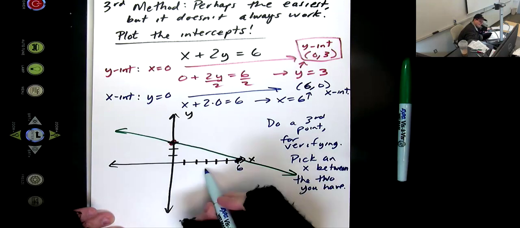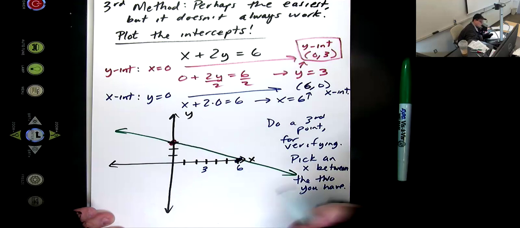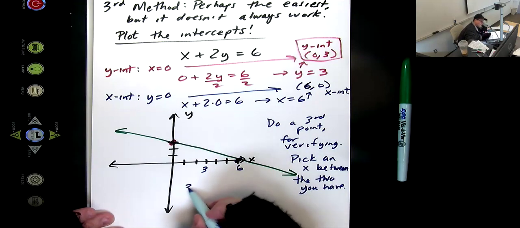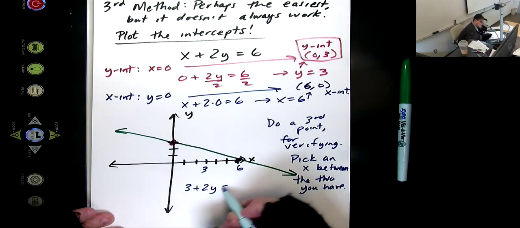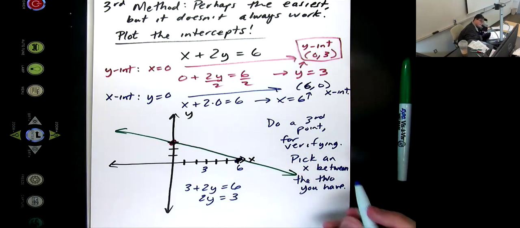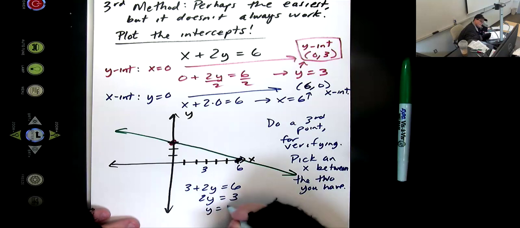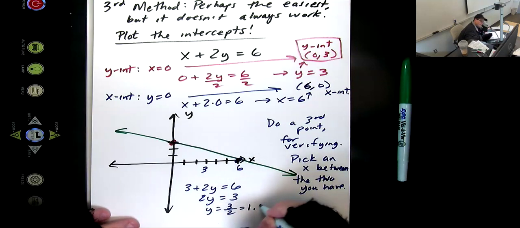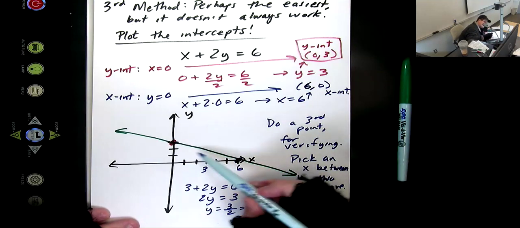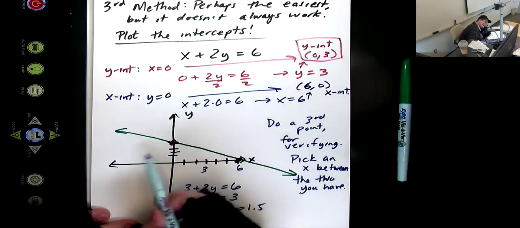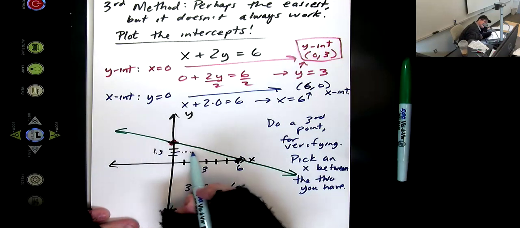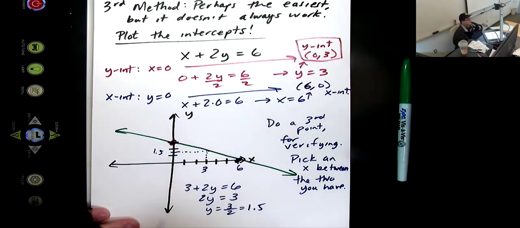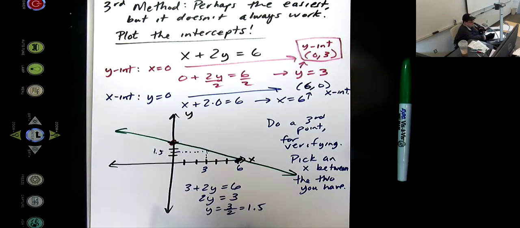That's 6, this is 3. We're going to do 3. 3 plus 2y equals 6. So 2y equals 3, so y equals 3 halves, which is 1.5. Does that look like 1.5? Let's see. It does. So our verification point is on the line, so we didn't mess it up.